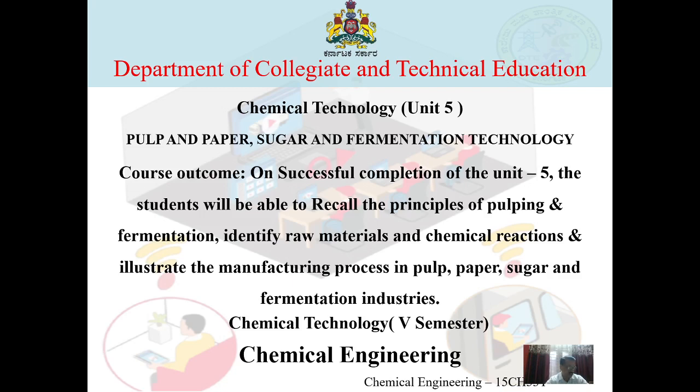The sulfite process involves two principal reactions: sulfonation and solubilization of lignin with sulfite solution, and second, hydrolytic splitting of the cellulose-lignin compound.